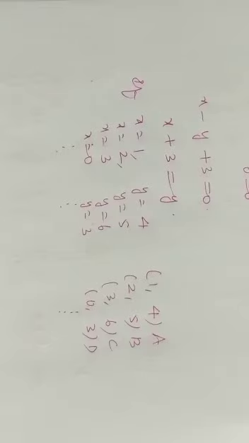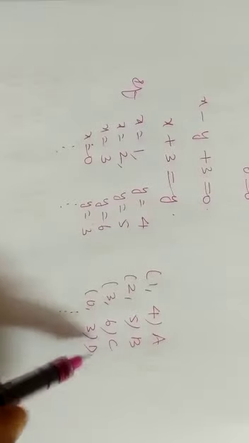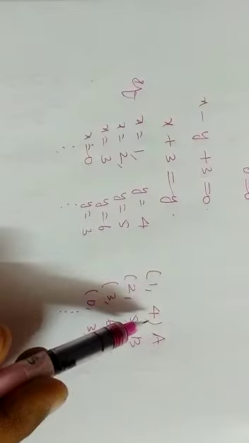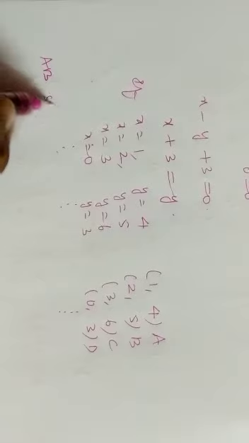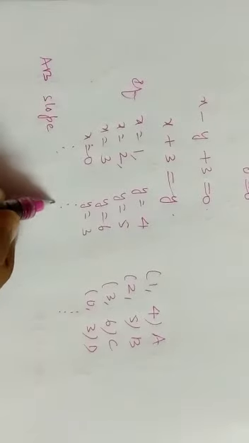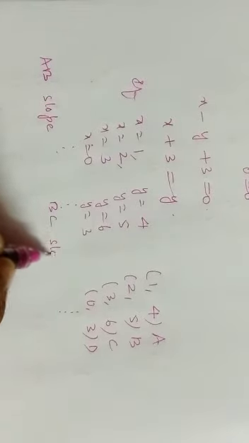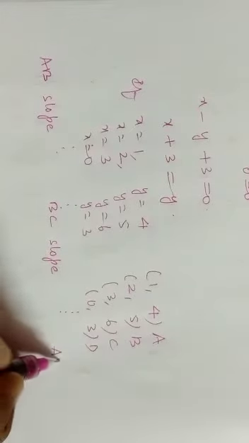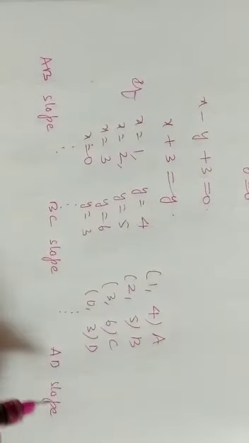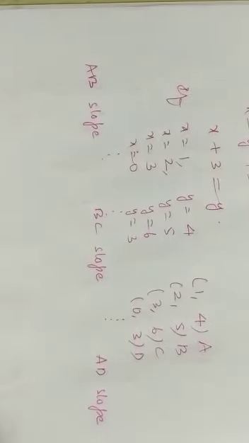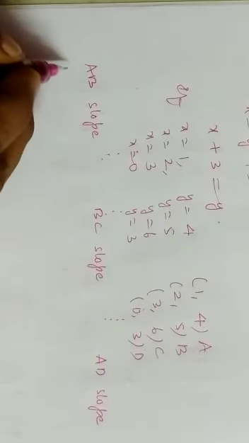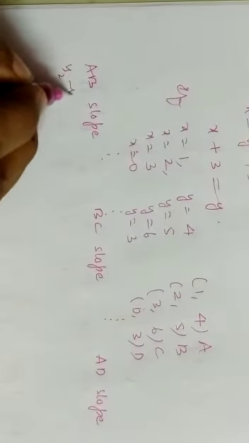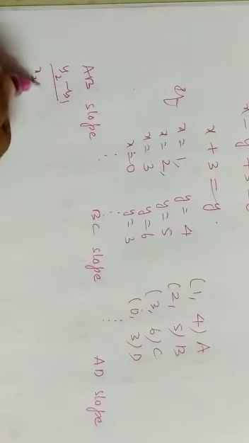Now, we will check the slopes: AB slope, BC slope, AD slope. If 2 points are given, the slope formula is y2 minus y1 by x2 minus x1.